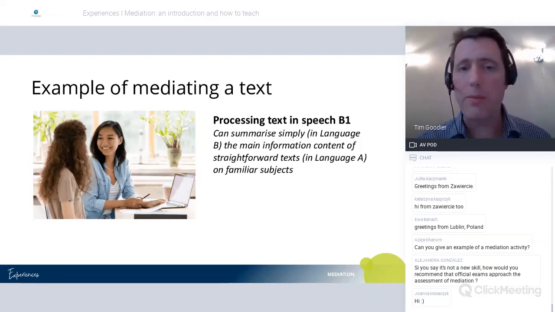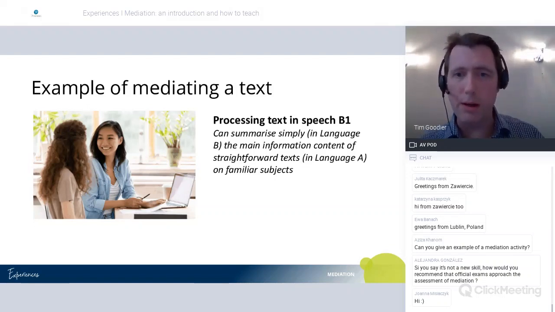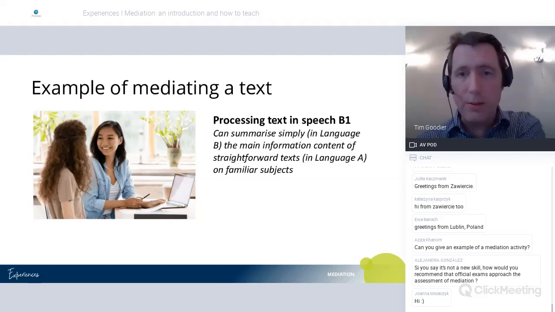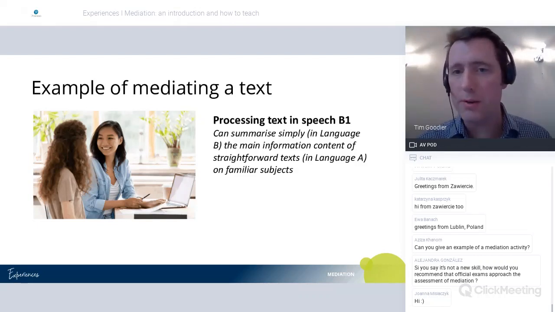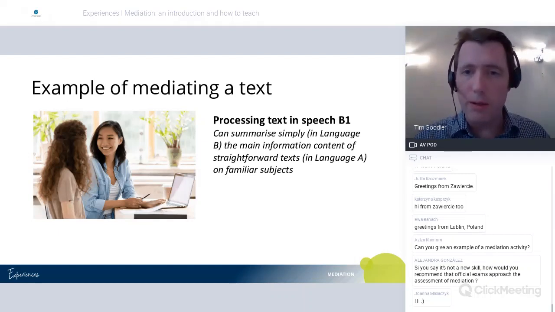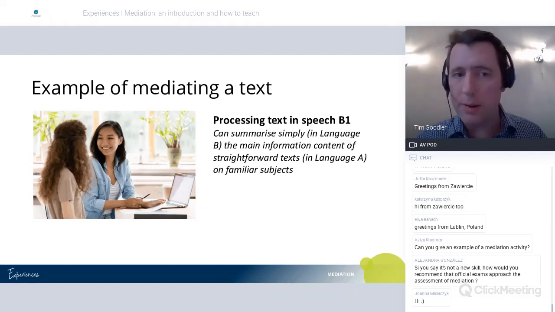So for example, if this girl has read a piece of text that she is then explaining the content of to her partner in speech, that speech is the language B. So it doesn't have to be across different languages per se. It can be, but at higher levels, it might be across different registers as well. So it might be taking a formal text and explaining that in informal language to your partner, or vice versa.